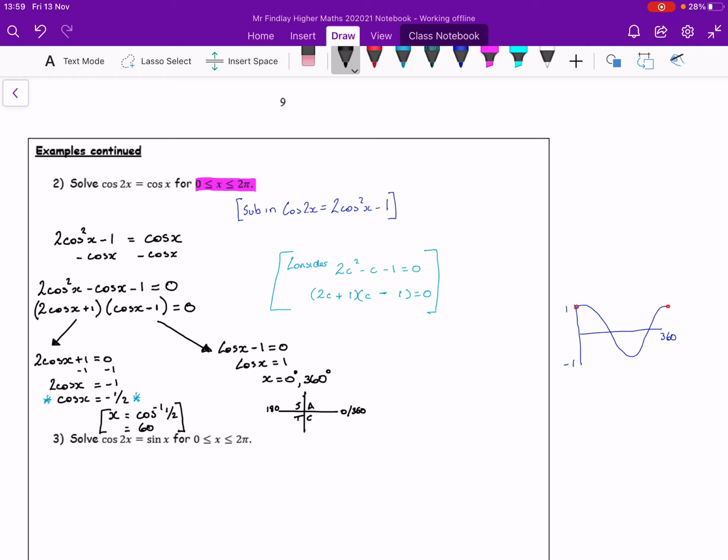It is a cos, so positive for C, positive for A, negative for the other two. And I'm dealing with a negative term, so that is my two solutions there. So I have x is equal to 180 minus the 60, which is 120, and x is equal to 180 plus 60, which is 240.